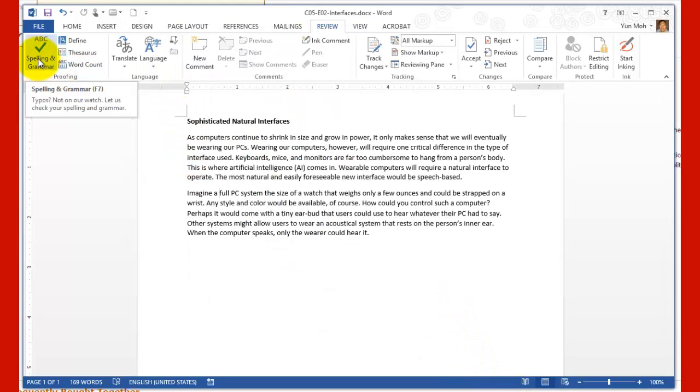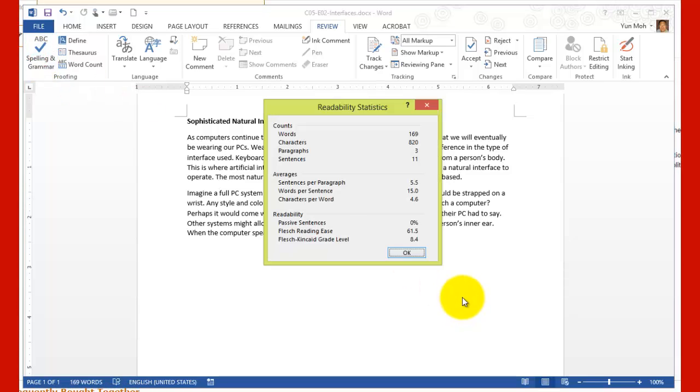and click on Spelling and Grammar, and then you get the readability statistics. So it shows the very basics, such as how many words in a document, how many characters, how many paragraphs, and how many sentences.